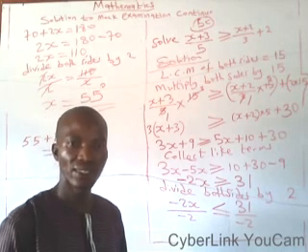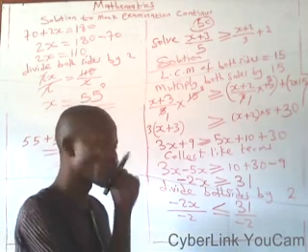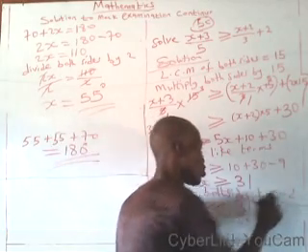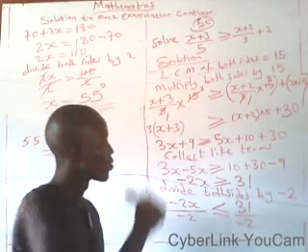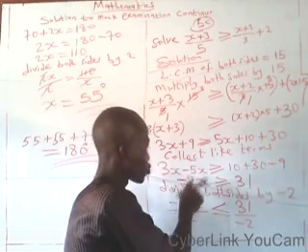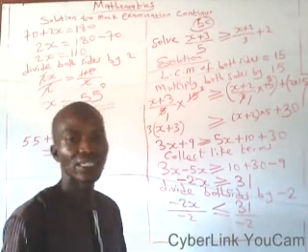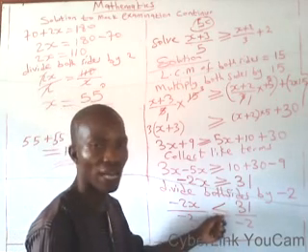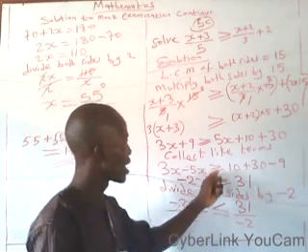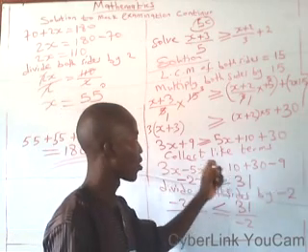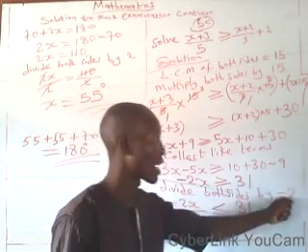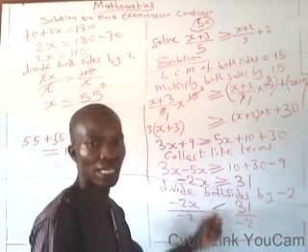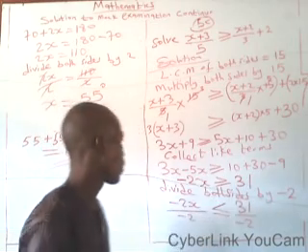It will remain as it is. But because we must divide by minus 2, the inequality sign will change. Earlier it was greater than or equals to; because of the minus, it changes to less than or equals to.